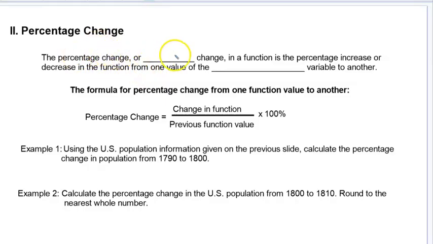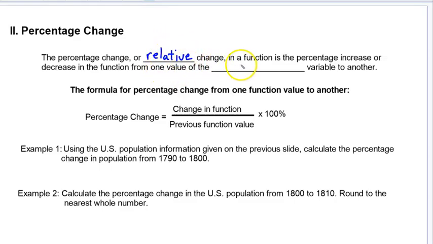So the percentage change, it's also known as the relative change, because it's not an absolute. We're breaking it up into smaller chunks typically. Instead of looking at the whole set of data, we're typically just analyzing parts at a time.